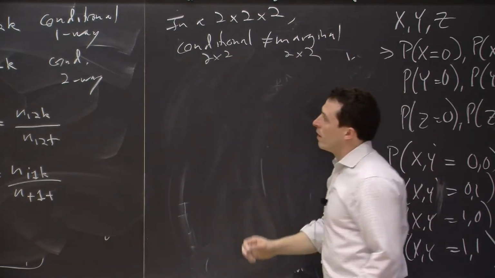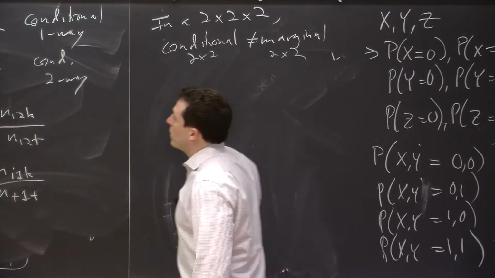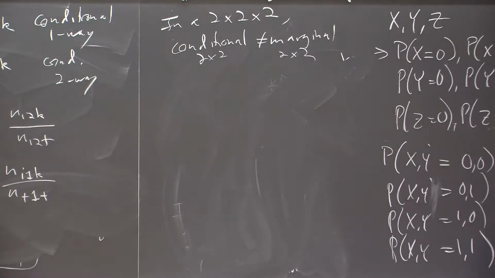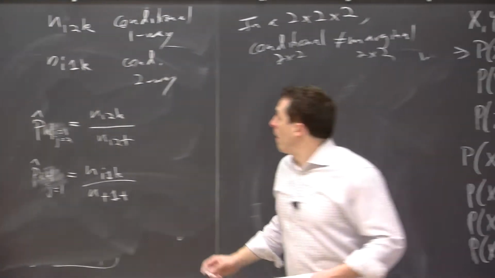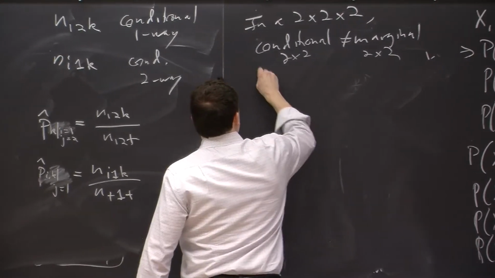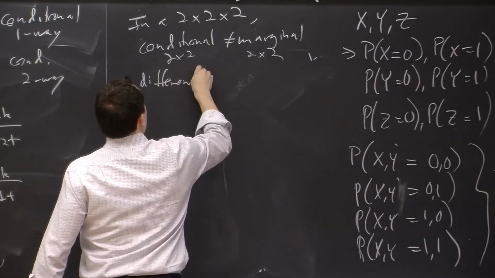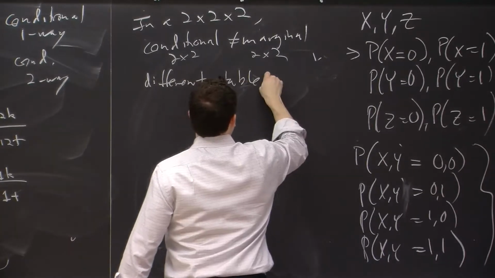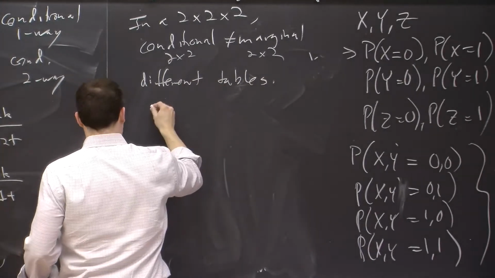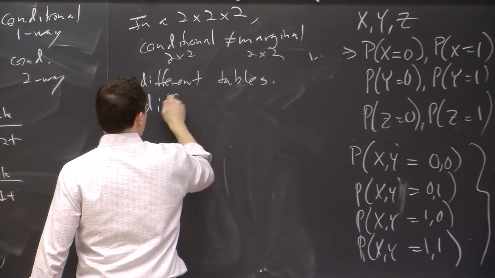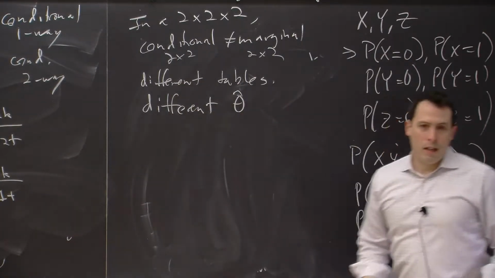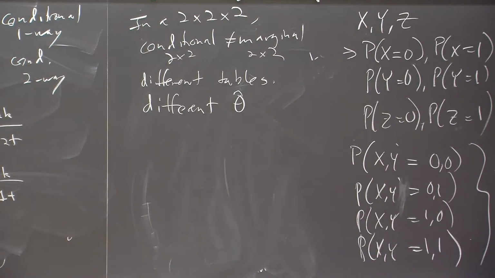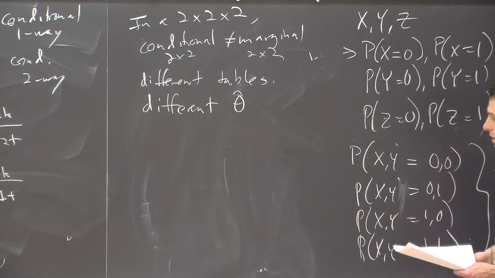I can construct a conditional 2 by 2 table like this, or I could construct a marginal 2 by 2 table like that. And of course, they're just different numbers. And because they're different numbers, they have different odds ratios, right? You have different measures of association.